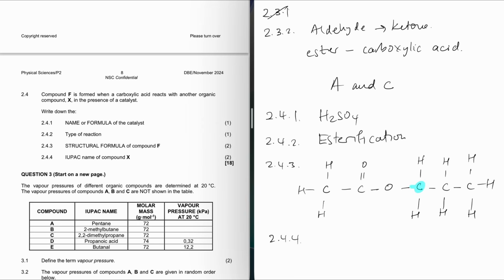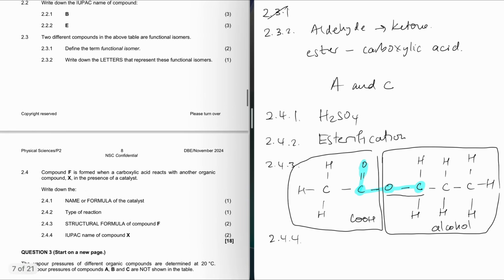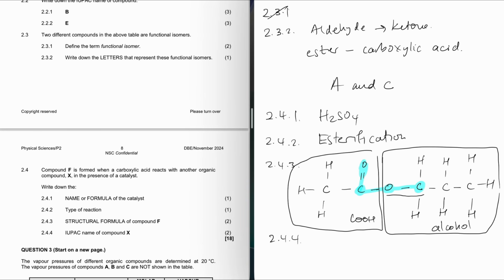So this first part, this entire part of this molecule comes from the alcohol. And then this entire part of the molecule will come from the carboxylic acid. So when we are looking to name compound X, they tell us compound F is formed when a carboxylic acid reacts with X, so we're not looking to name the carboxylic acid, we're looking to name the alcohol.